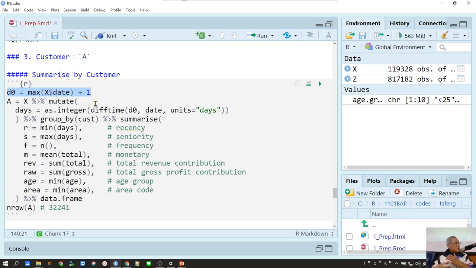So the period is important. We call it recency. In marketing, per customer, we would always like to know a few things. First thing is the recency.